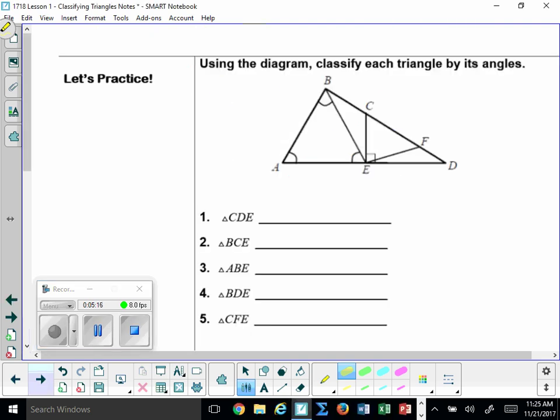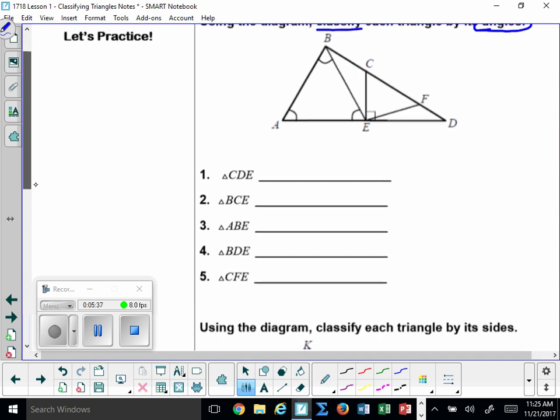All right, moving on. Let's practice. Using this diagram, classify each triangle by its angles. Classify means to name. Okay, so our choices are acute, obtuse, right, and equiangular. All right, triangle CDE.